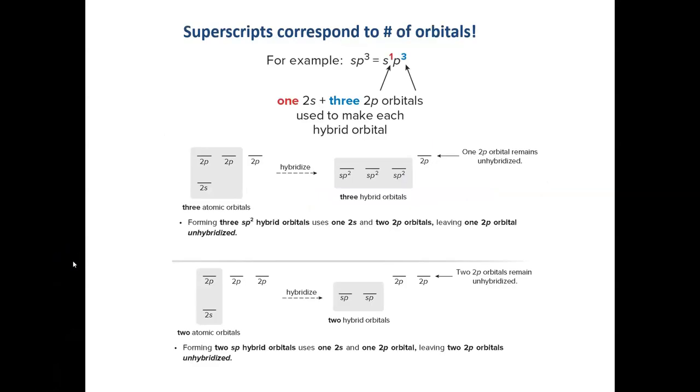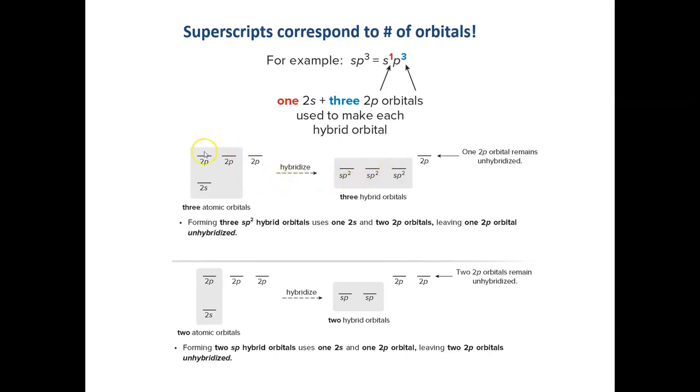And again, just to review, if it's sp3 hybridized, the superscript really means that it's a number of orbitals. So we have 1 s orbital and 3 p orbitals in this hybrid orbital. If we have sp2 hybrid orbitals, that means that we have 3 of these orbitals hybridizing, which means 1 s and 2 p, and we have 3 of those.